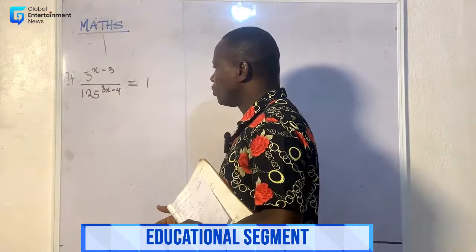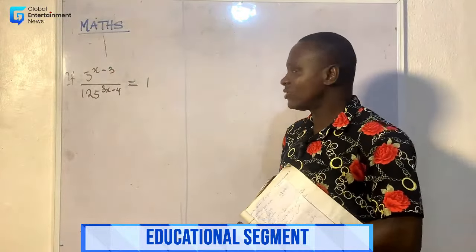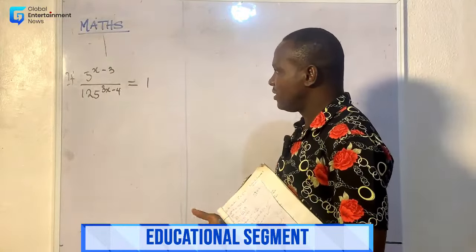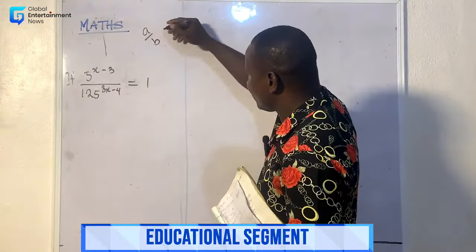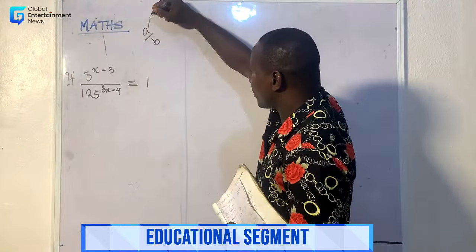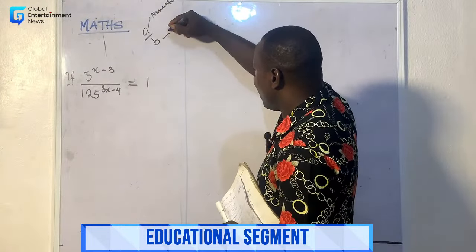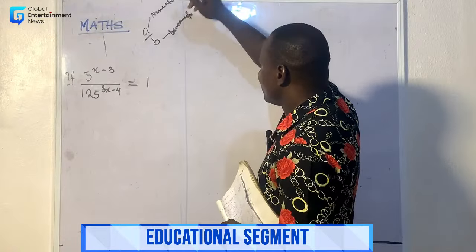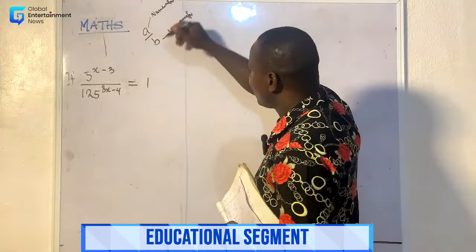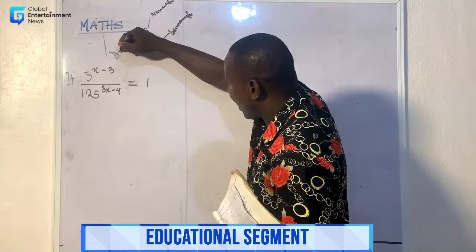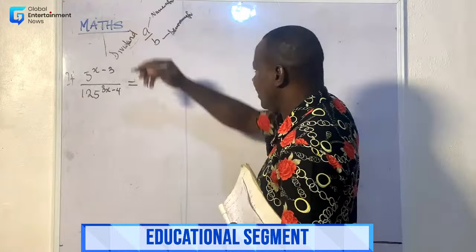Okay, first and foremost, if you look at this, we have a base of 5 at the numerator level. And before I forget, numerator has another name. This is AB, what we call numerator, while this one is called denominator. Another name for numerator is dividend, D-I-V-I-D-E-N-D, dividend.